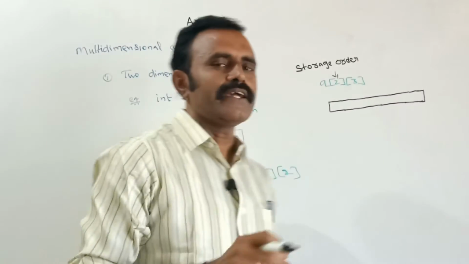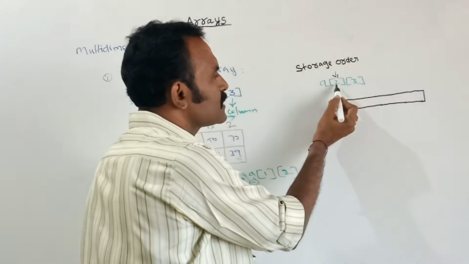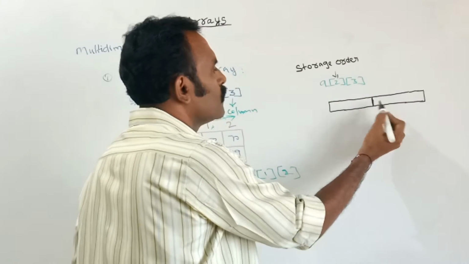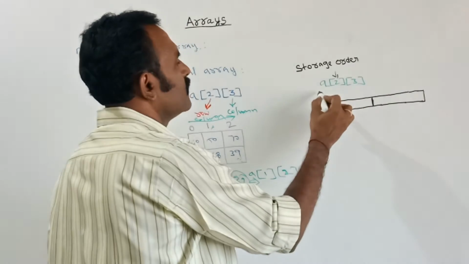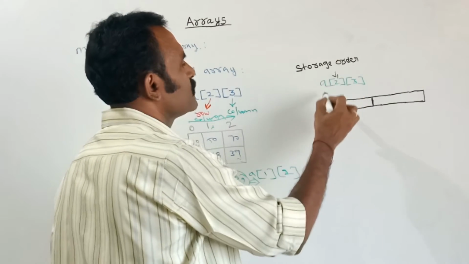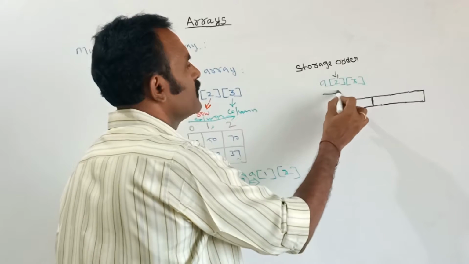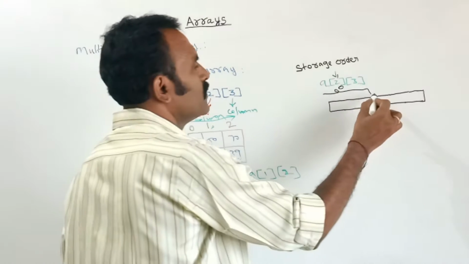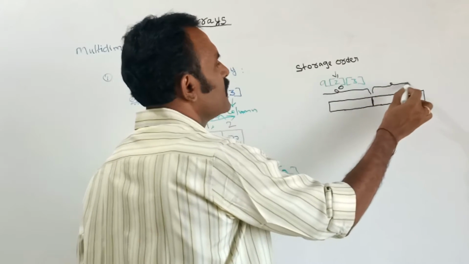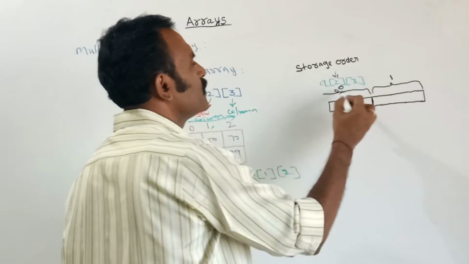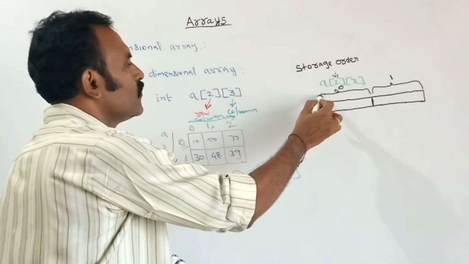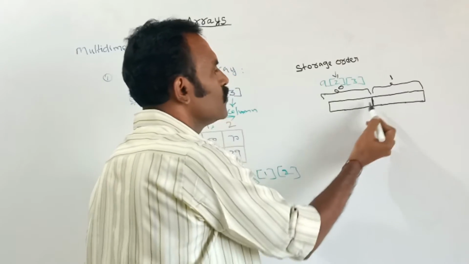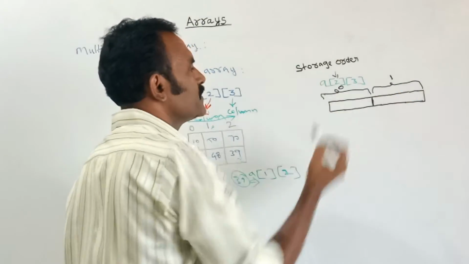So let us see how it is stored in memory. The first subscript value is 2, that is dimension 1, and in dimension 1 the positions are 0 and 1. This is the first subscript, 2. So here the memory is split into 2, position 1 and position 2.